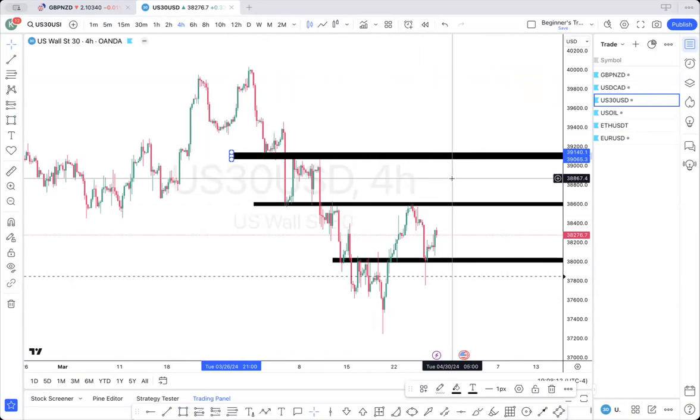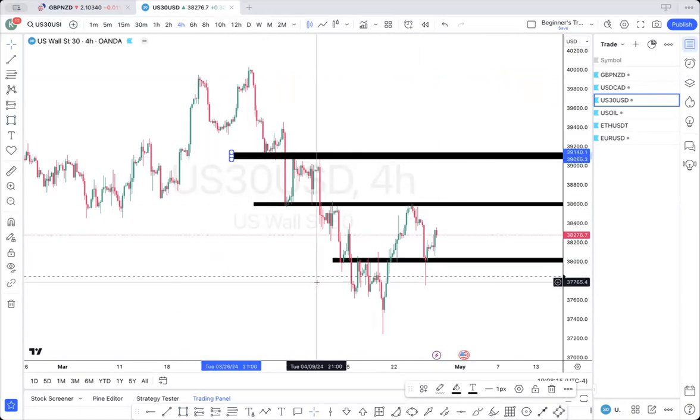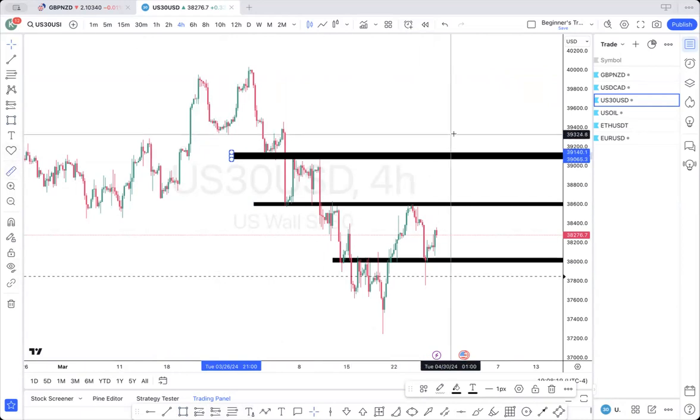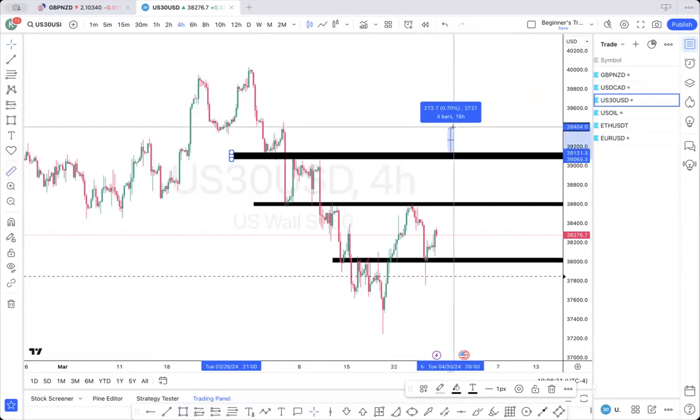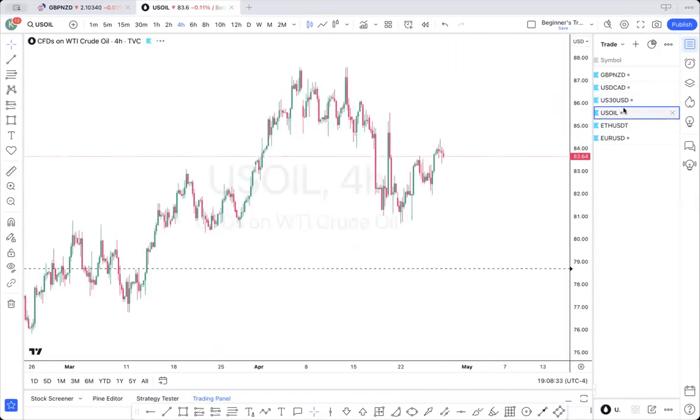So you can trade from 4 hour to 4 hour. The next one after that is from here to here. That's 236 pips. It's still a good pip count, but this is US 30. I'm not even gonna look at that with y'all.